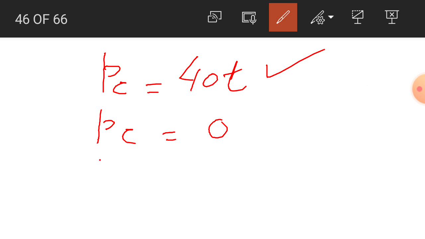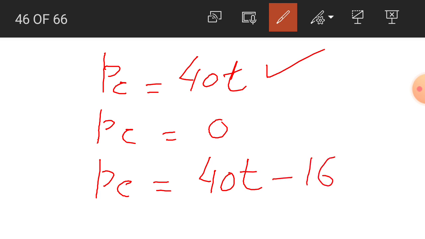Then we have the power taken by the capacitor in region number 3, which is equal to 40t minus 160.